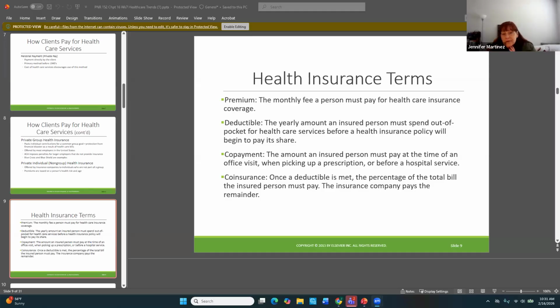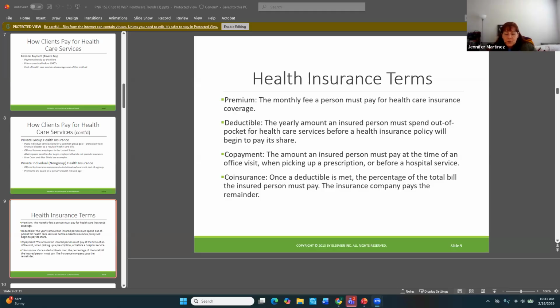That would be your copay. Your prescription is going to be different depending on what medication it is. It could be anywhere from zero to $1,000, whatever it is. Hospital services are also dependent. Like an emergency room visit is going to cost more than an urgent care visit, so you have to look at all of those different costs.